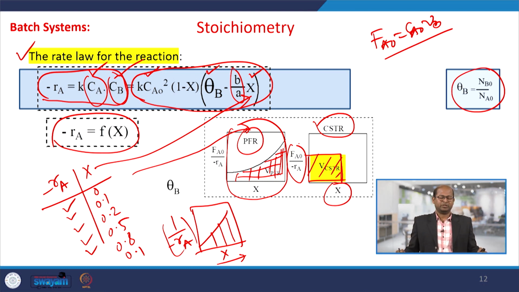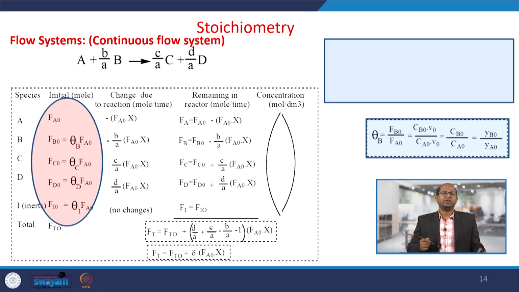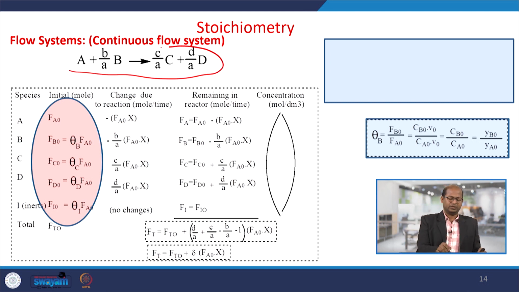So, this is the way we can express a rate in terms of conversions. Similarly, for flow systems or continuous systems also, we can write the concentrations in the rate equations. Let us say this is the rate equation.